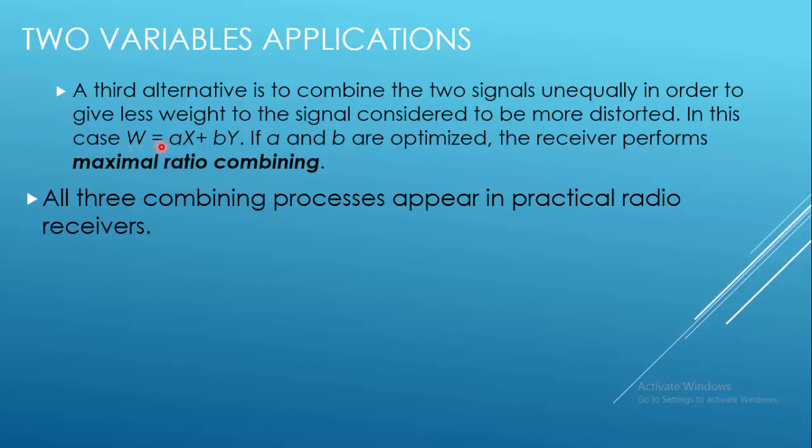In this case, w is equal to ax plus by. Here we are using these weights a and b to optimize the received signal, and in that case the receiver performs maximal ratio combining. All 3 combining processes appear in practical radio receivers.